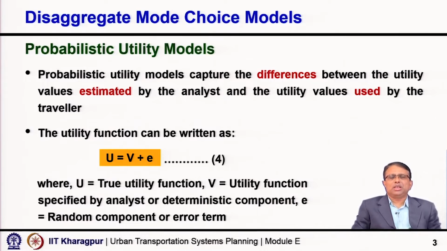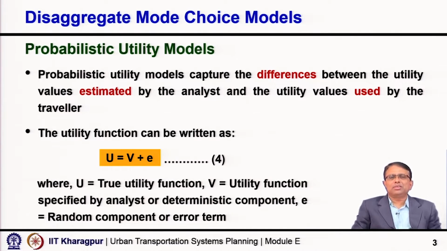All these limitations led to a big question: if such limitations are there and if we cannot overcome them, but we also want to improve our prediction or model output to match closely with the real behavior, then what can be done?